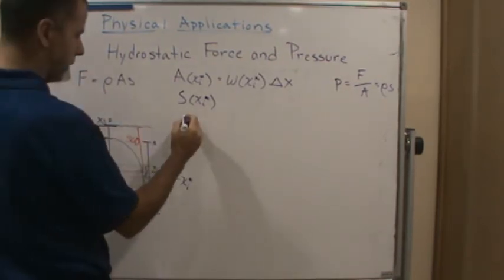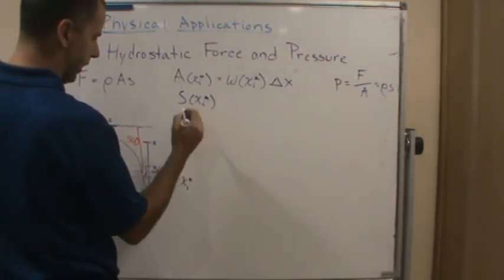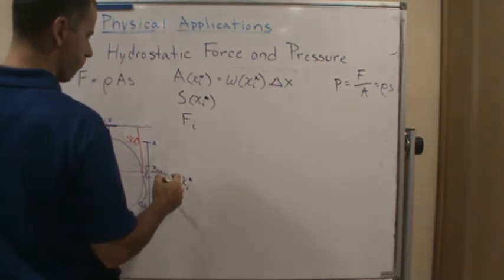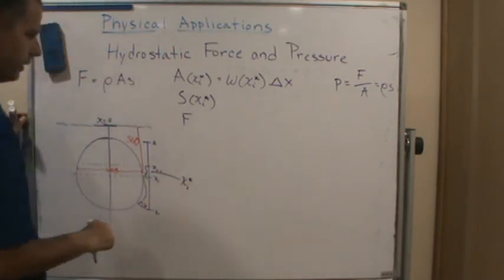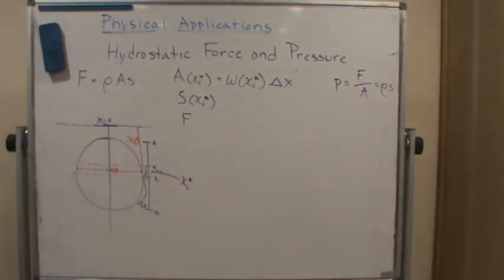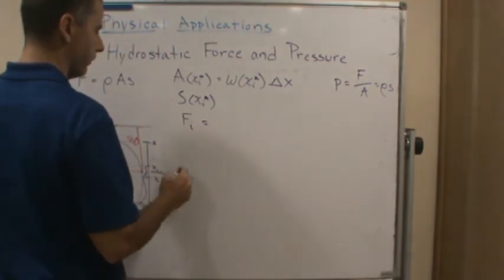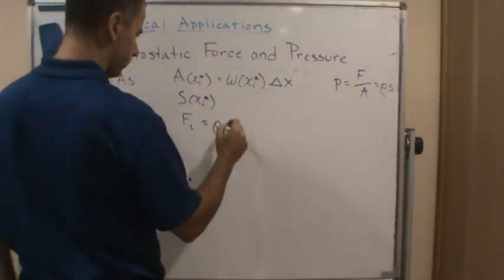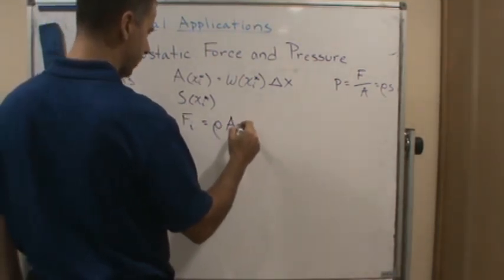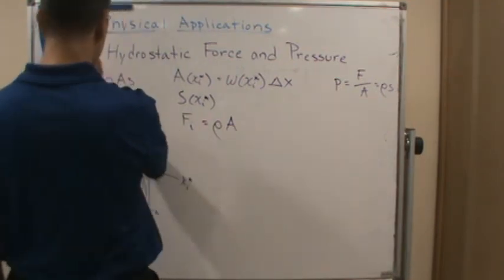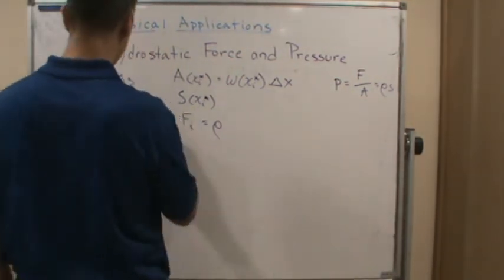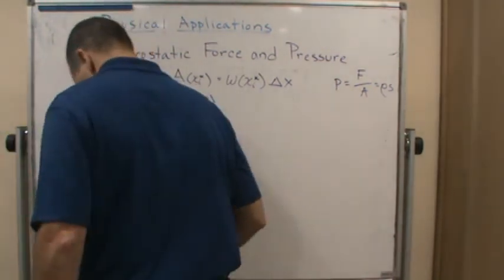So now if we wanted to use the force, let's call it F sub i, equals rho times A of x sub i.